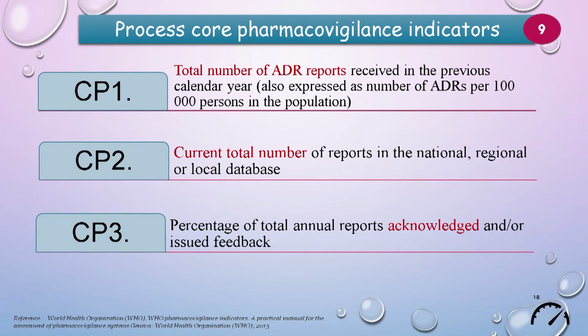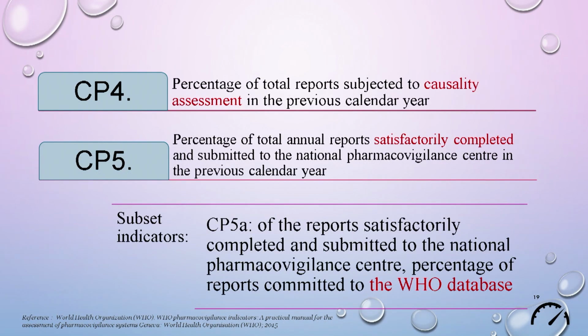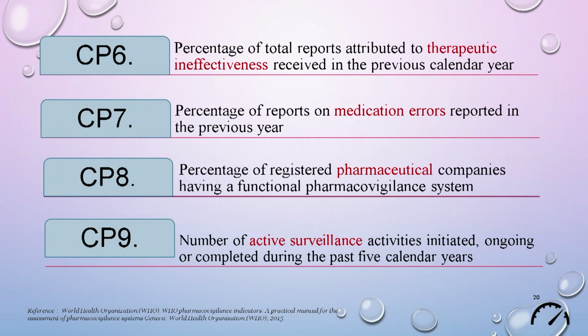What is the total number of ADRs reported in the previous year, the total ADRs in a database in a year, the total acknowledged or feedbacked ADR data, whether causality assessment has been done for the ADR reports or not, whether they are satisfactorily completed or not, whether therapeutic ineffectiveness ADRs are incorporated in this ADR system, medication error ADRs, whether pharmaceutical companies are registered with this center to report ADRs, or whether an active surveillance system is running or not. So this will give the 9 process indicators.